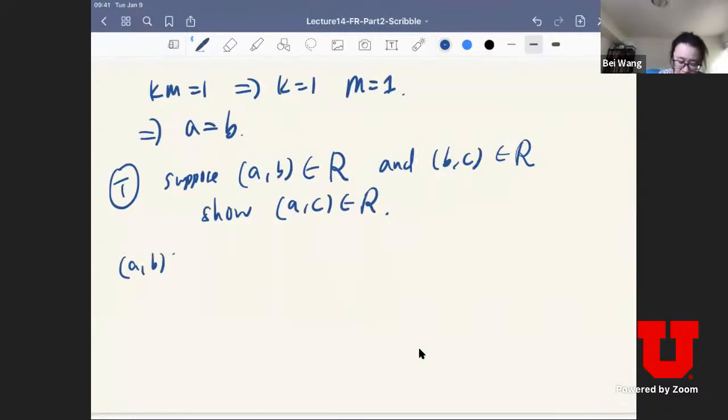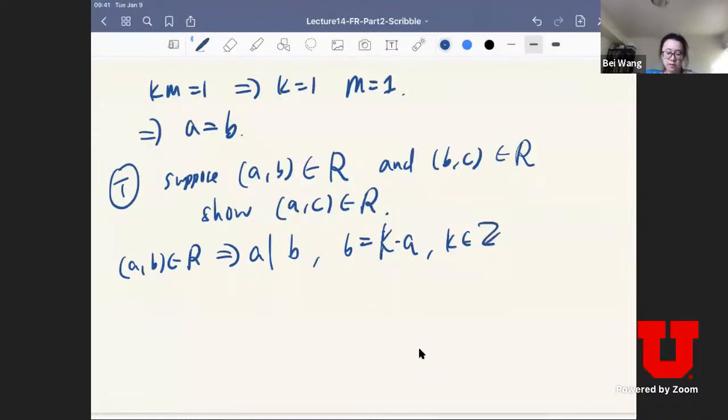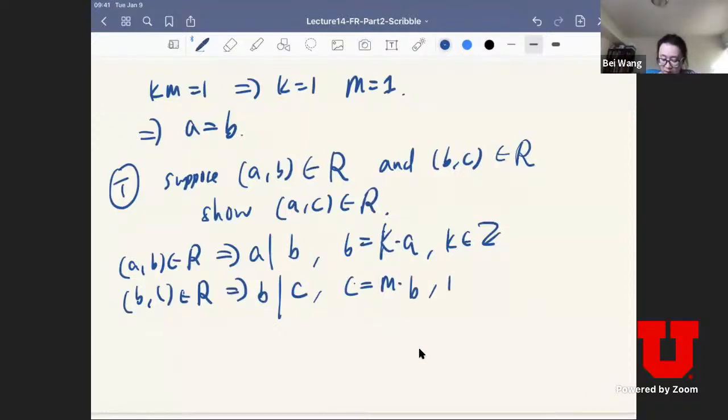Because AB is in the relation, we know this implies A divides B. That means B is equal to K times A for some K. And BC is in the relation, that implies B divides C. That means C is equal to M copies of B, where M is an integer.